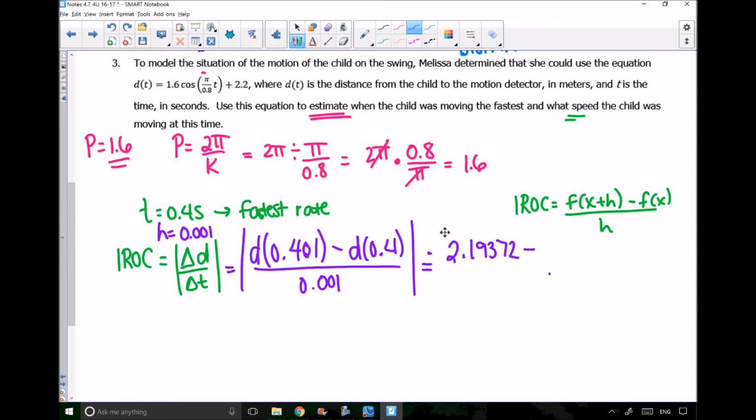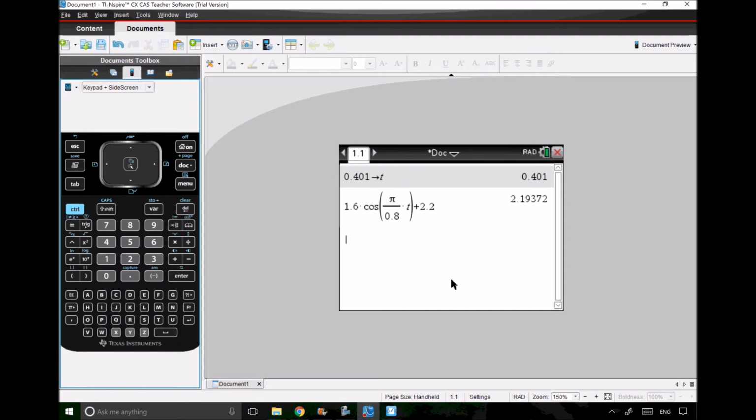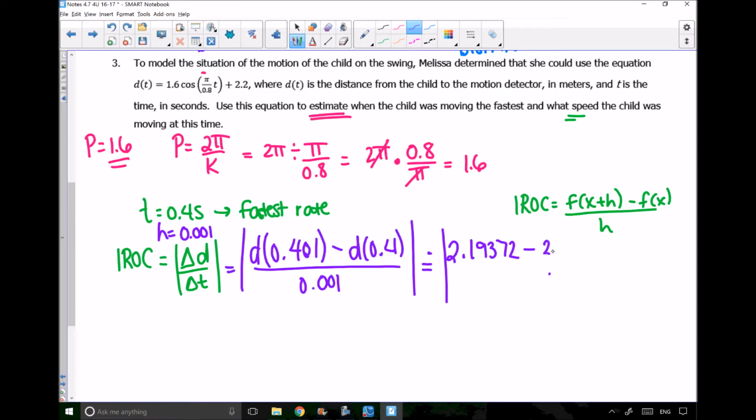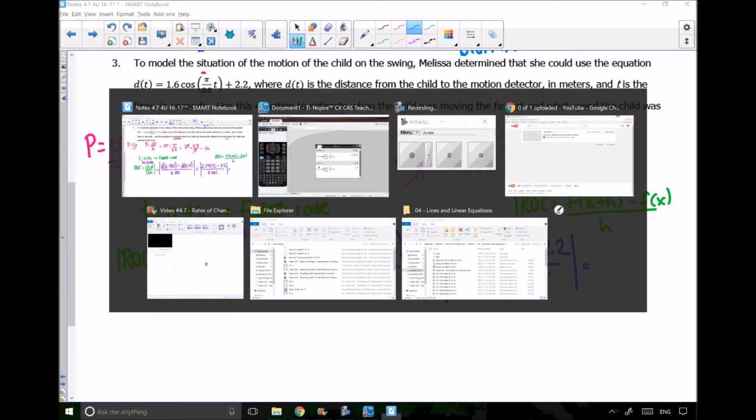So this right here is going to be about 2.19372 minus, and then I want to do the same thing for 0.4. So I'm going to take 0.4, store it in as t, and then copy and paste this, and I get 2.2. And that's going to be all over 0.001. Okay, so now I just need to do my subtraction.